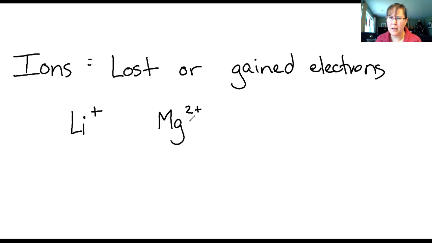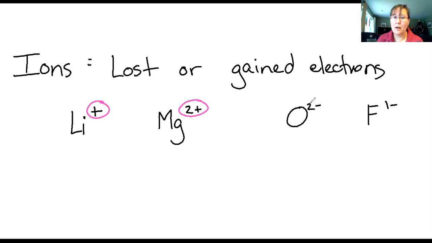And we'll talk in a bit about how you can predict those. And then as we're going across, let's look at oxygen with a 2 minus charge and fluorine with a 1 minus charge. Now, I know that these are not neutral because of these pluses and minuses. Okay, and the 1 is understood, but I'll go ahead and put a 1 there.